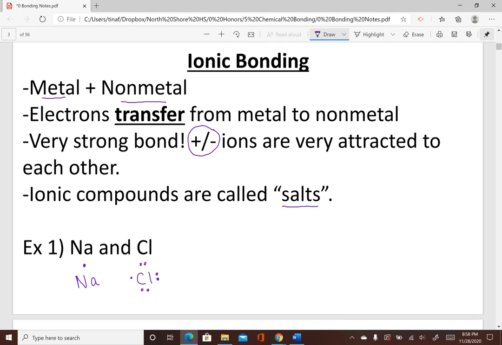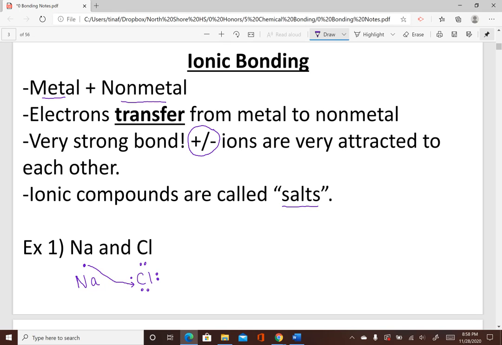So chlorine already has 7 valence electrons. It only needs 1 more to get stable. So what's going to happen is my sodium is going to transfer its valence electron over to chlorine, and that's going to make chlorine have a valence shell of 8, which is good for chlorine.